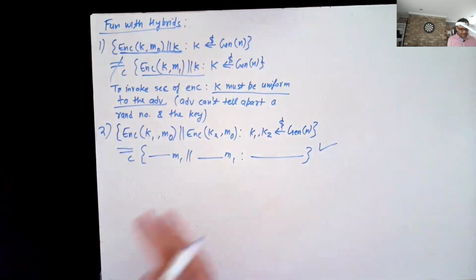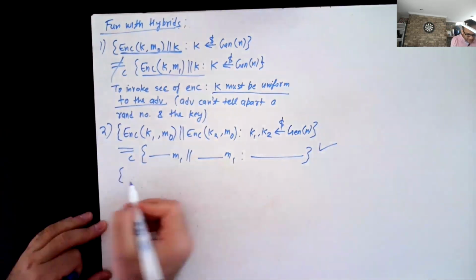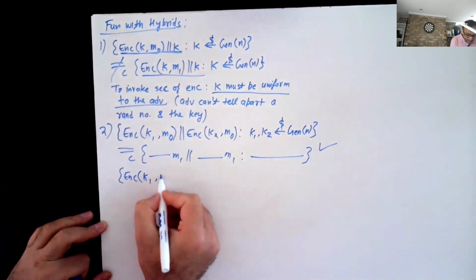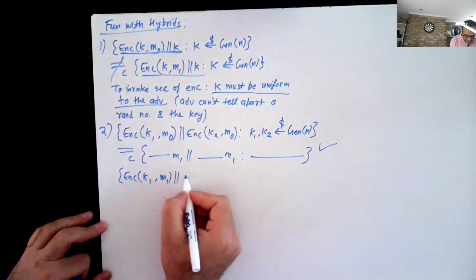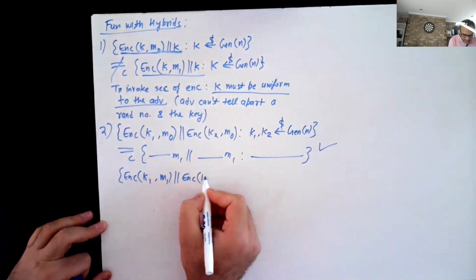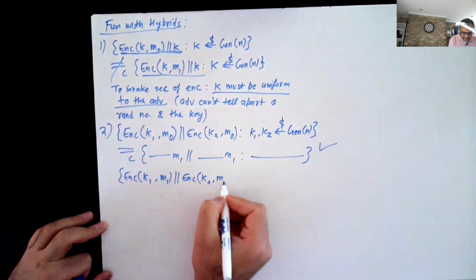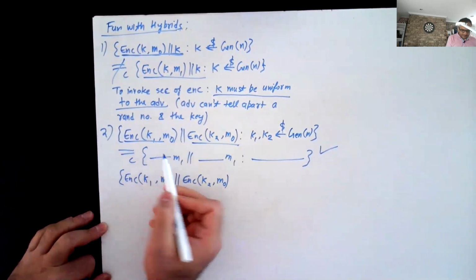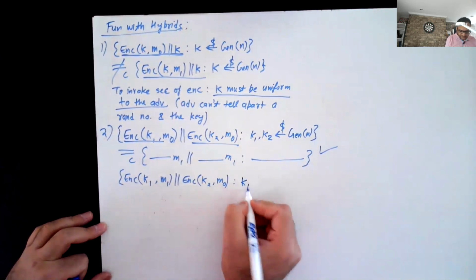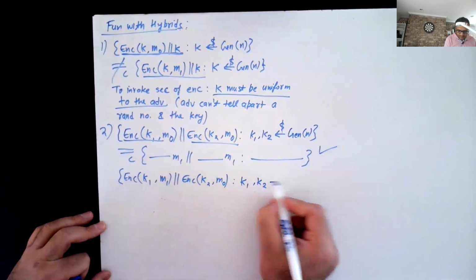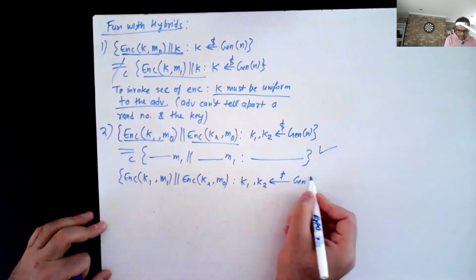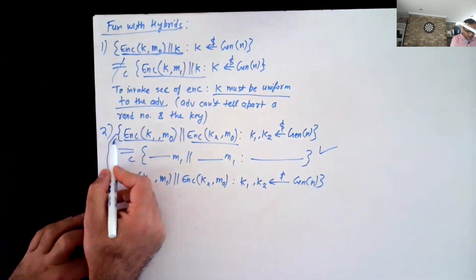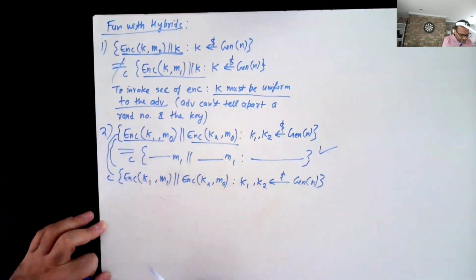So what I can try to do is I can write encryption of K1, comma M1, and encryption of K2 with M0. So I have 2 ciphertexts. I switched M1 first. So I can claim that these 2 are computationally indistinguishable.